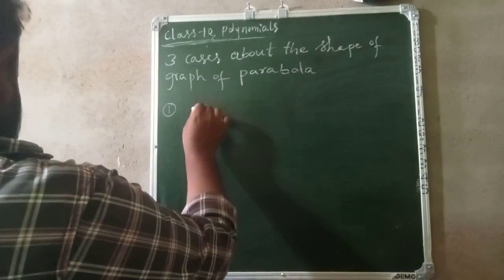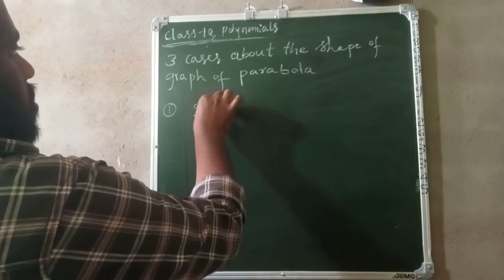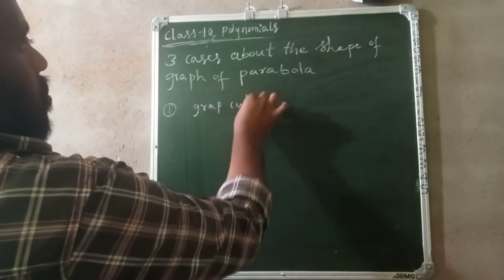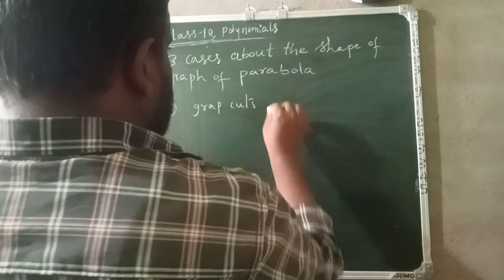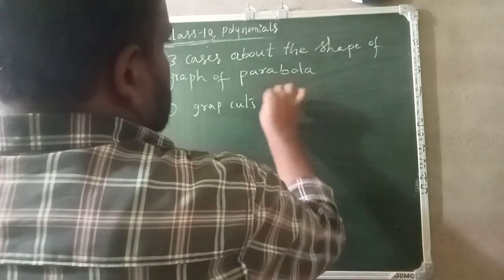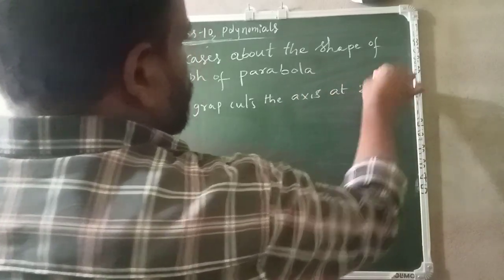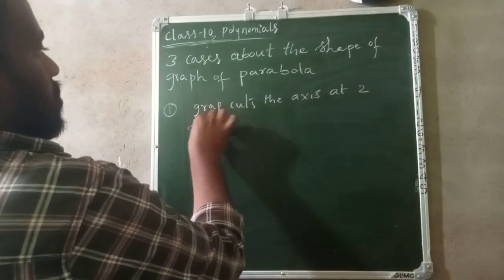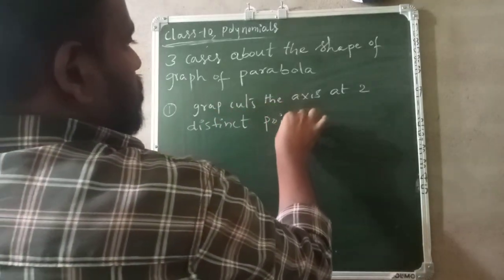One is the graph cuts the x-axis at two distinct points.